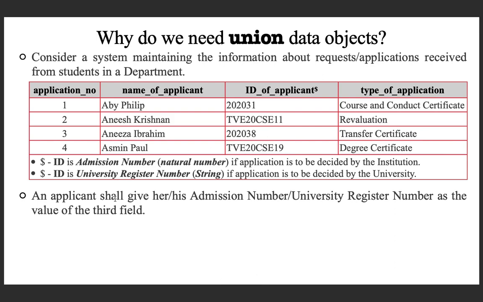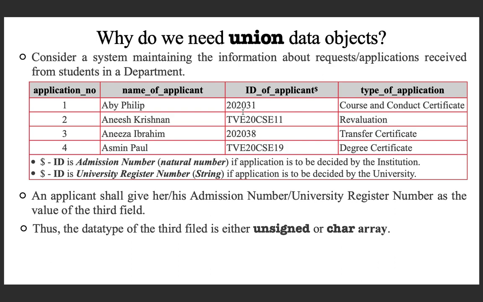So the applicant shall give her admission number or university register number as the value for the third field, depending on what kind of application she is submitting. If it is to be forwarded to the university, she will be submitting the unique ID for her in the university, otherwise the admission number.